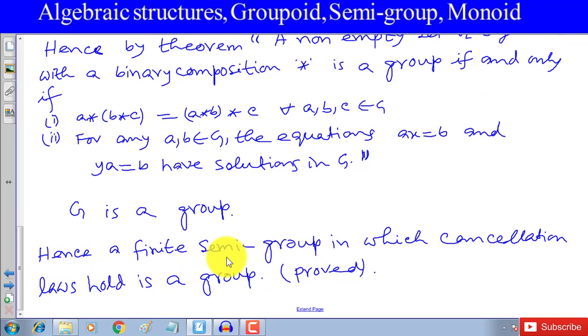Hence, a finite semigroup in which cancellation laws hold is a group, which proves the result.